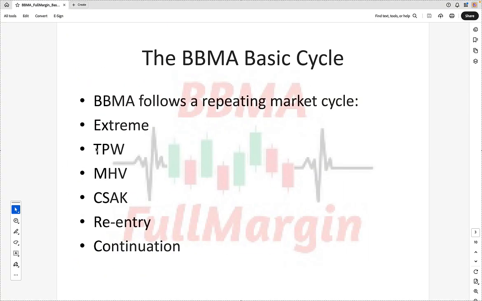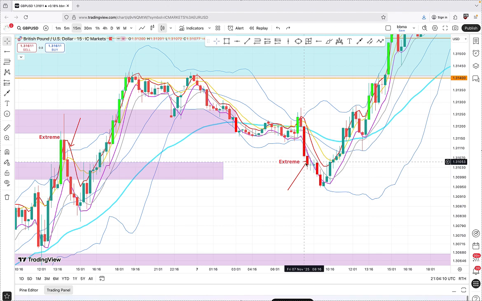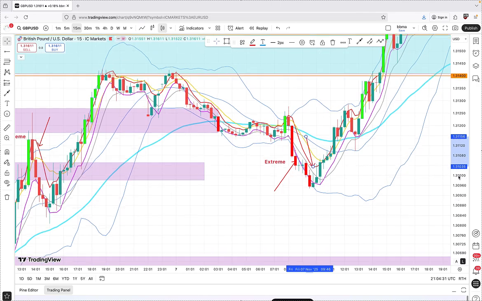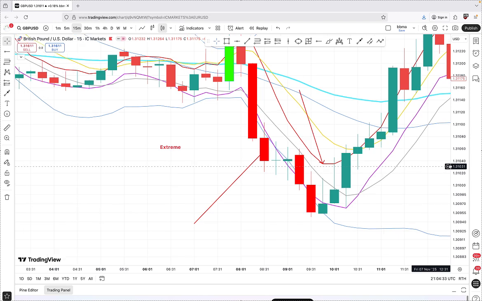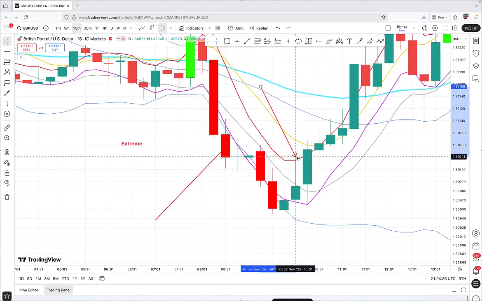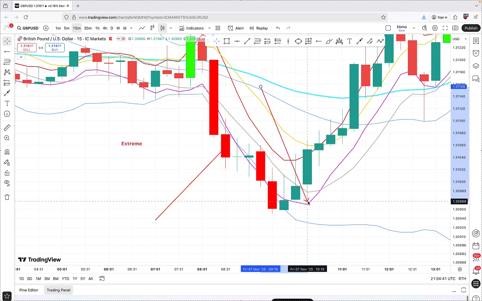Next is TPW. TPW is after the extreme, when the market approaches MA510 high. So it approaches MA510 high over here, which we call TPW. If I make it slightly bigger, you can see it touches, and the next candle starts from here, which is like the MLV point.